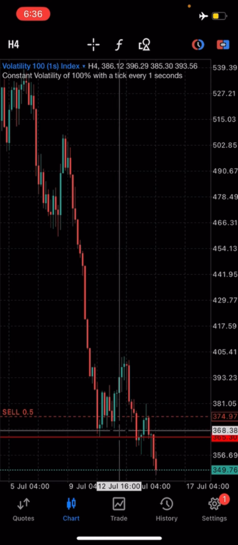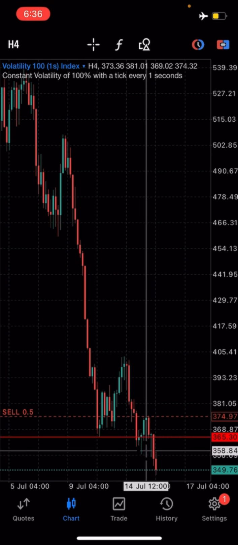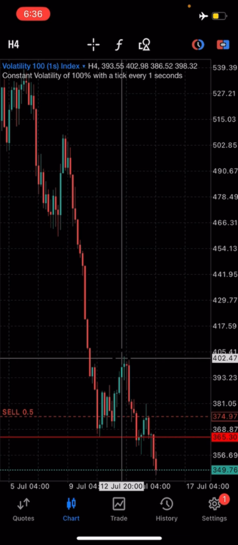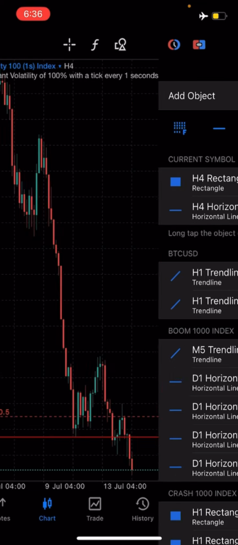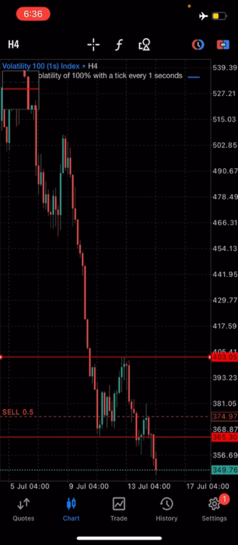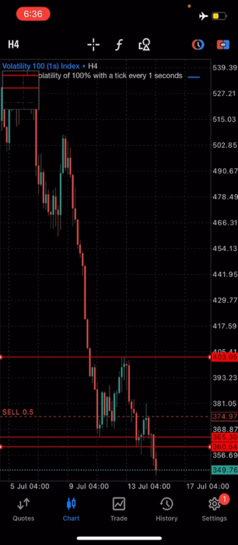Before I made the entry, the market formed this particular lower high here, and it formed this lower low.